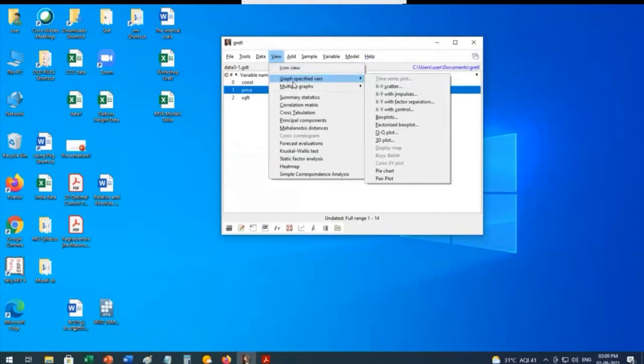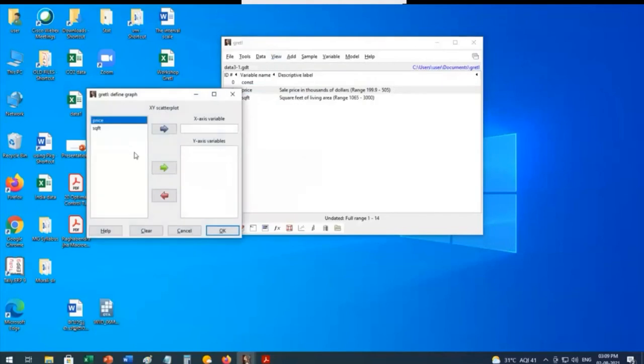Then we know price is a function of square feet, and Y is a function of X. So this is the independent variable. Our square feet goes here, and the price, the dependent variable, goes here. So we click this one, and we get the variables. If you want to remove any variable, then click this one and then the right arrow.